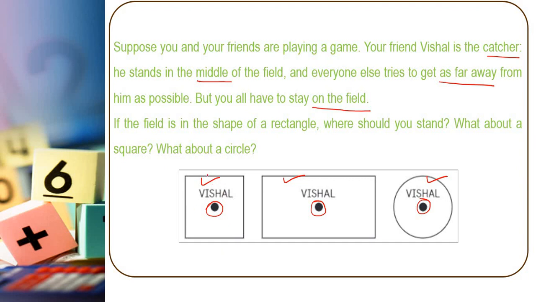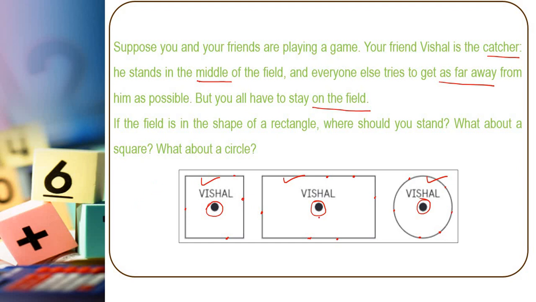But everyone should stay on the field, either here or here or here in the square field, in the rectangle, here or here or here. In the circle, here or here or here, anywhere. But they should stand on the field itself. What did you observe, children, by seeing this?